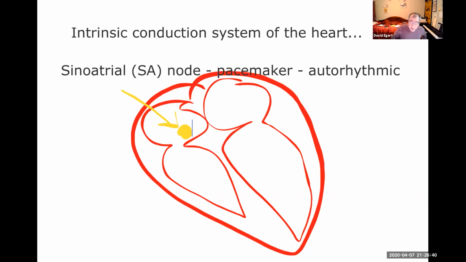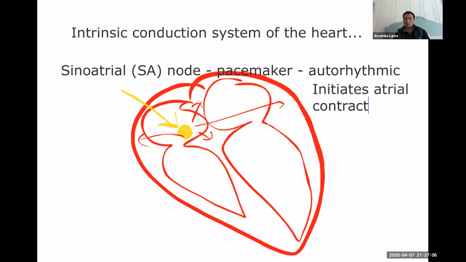So when that sinoatrial node fires off, the atria, which are all electrically connected to that and to each other, are all going to contract together. So this is going to basically initiate atrial contraction. The official word for contraction when we're talking about the heart is systole.